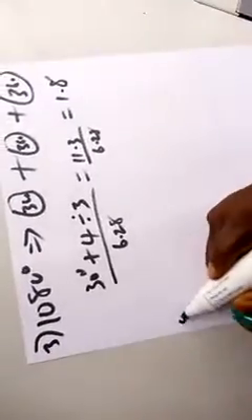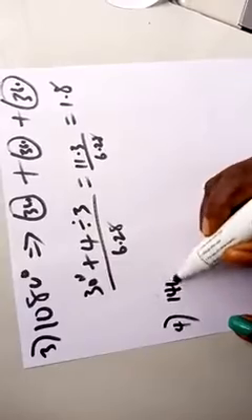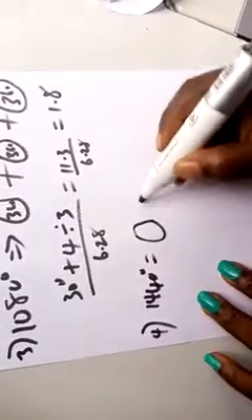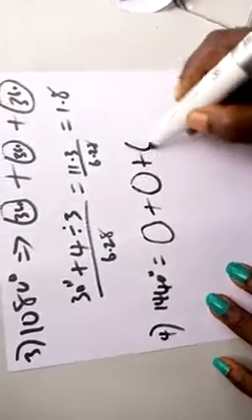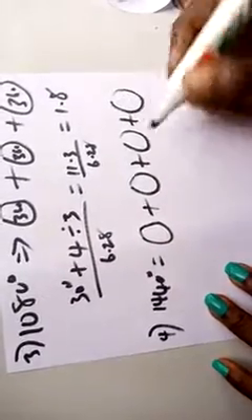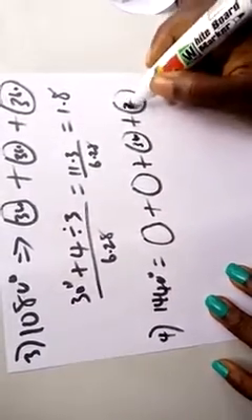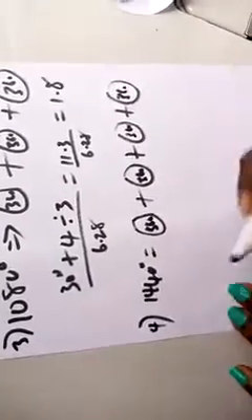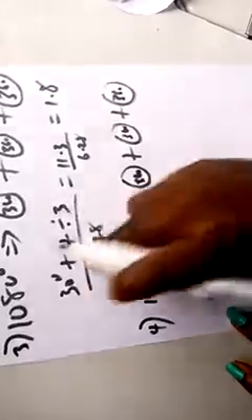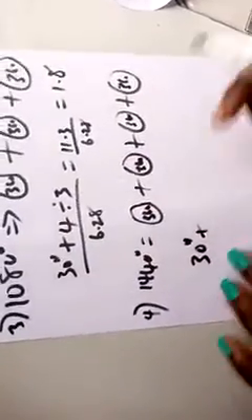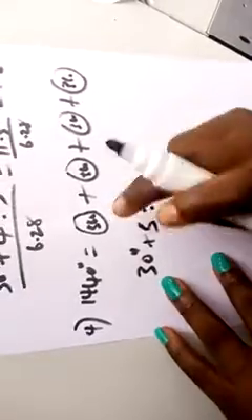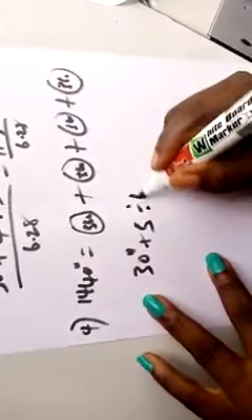The next one is the 1440 degrees, which means we need 4 cycles. The same thing, we're still using 30 inches, but now the allowance we will need is 5, and you are going to divide by 4 because we are working with 4 cycles.